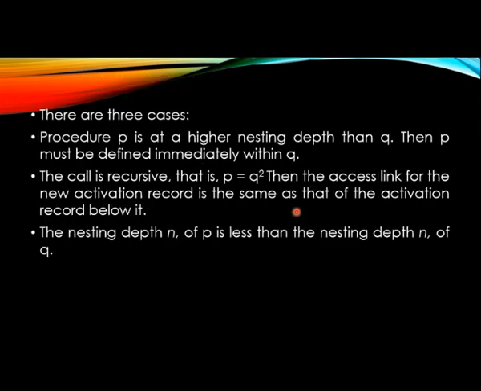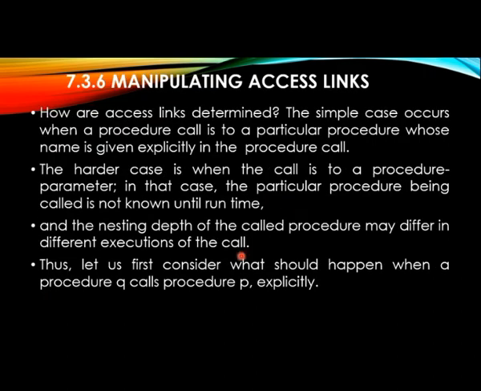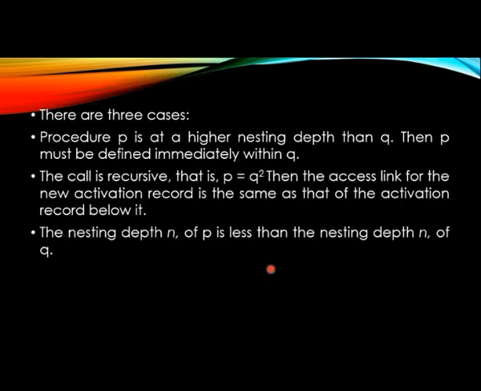So now we discuss, whenever we are manipulating the access links in this situation, how that particular procedure call works. For example, let us first consider what should happen when a procedure Q calls procedure P explicitly. To know what happens inside these procedure calls, we consider three cases.